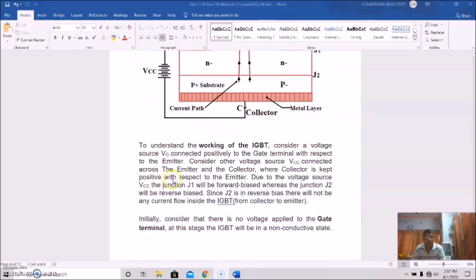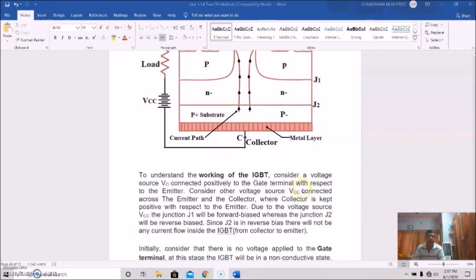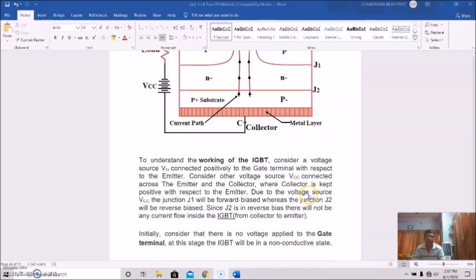Due to voltage source VCC, junction J1 will be forward biased, and junction J2 will be reverse biased. Since junction J2 is reverse biased, there will not be any current flow inside the IGBT from collector to emitter.